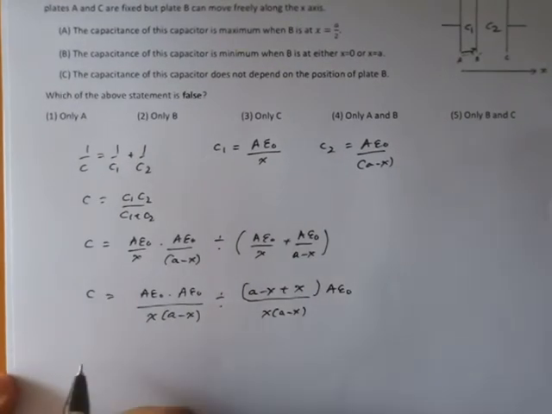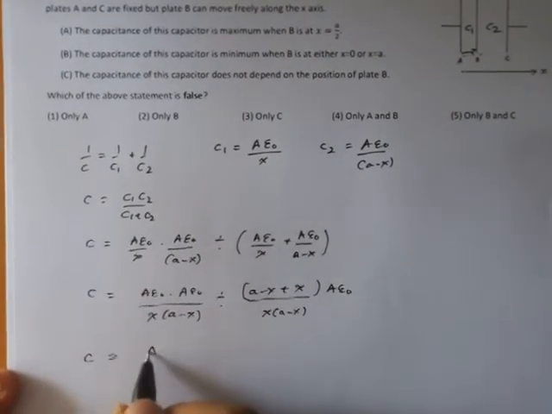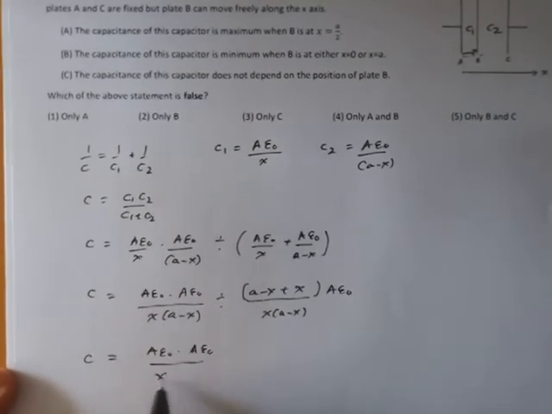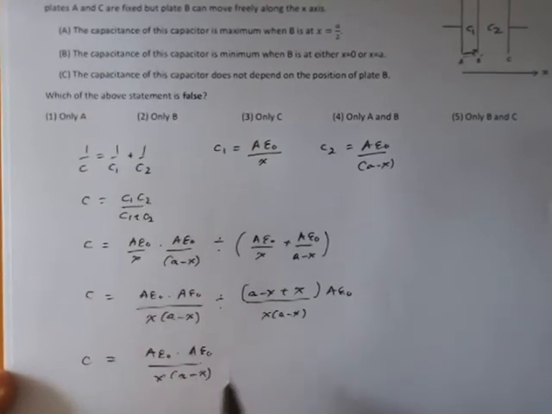And here now A epsilon naught times A epsilon naught over x times a minus x.